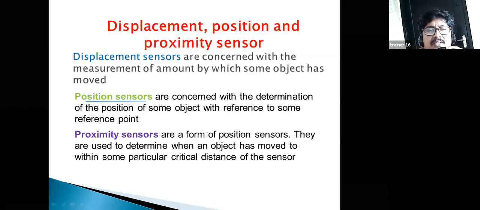Proximity sensors are where the object moves only some particular distance to the other object.